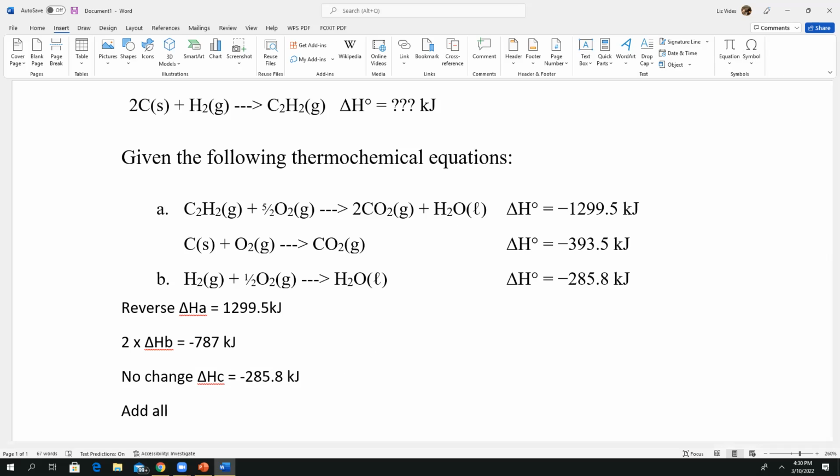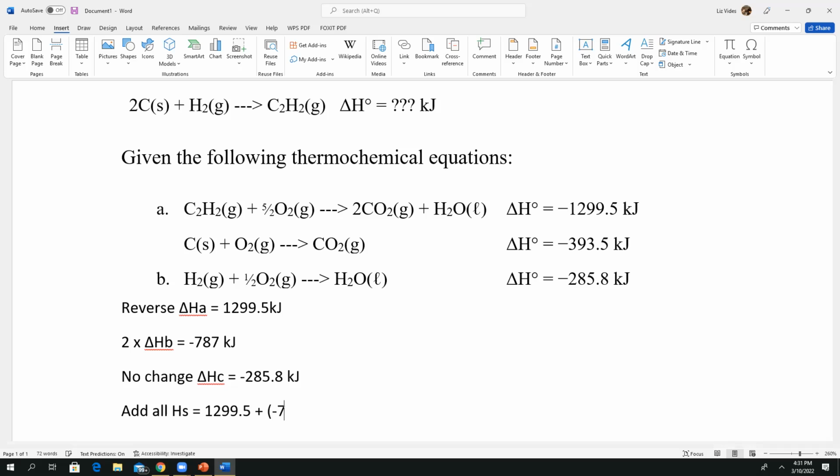Now, when we add all these, so we need to now add all delta H's. I'm just going to call it H's. So that's going to be equal to 1299.5 plus, remember, you have to add them, even though they're negative, you have to add it. That's the idea.